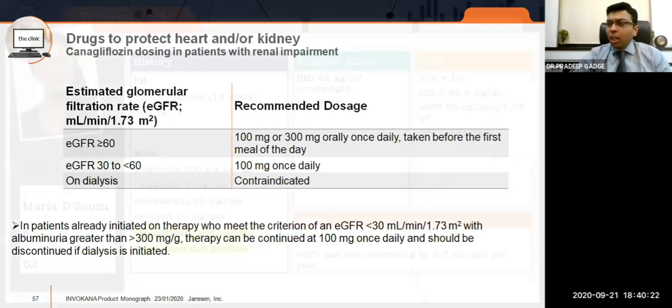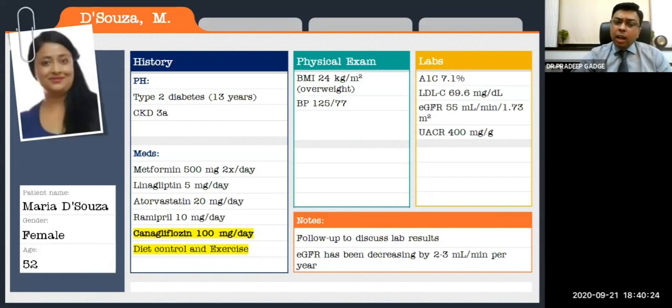So coming back to our patient again, I added canagliflozin 100 milligram to this patient, and a more stringent dietary regime was told, with emphasis on exercise.